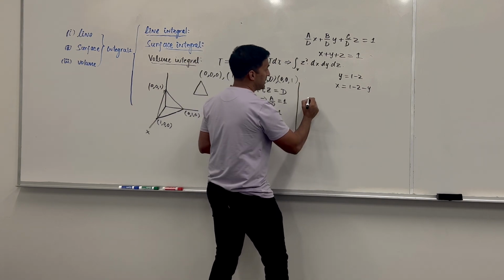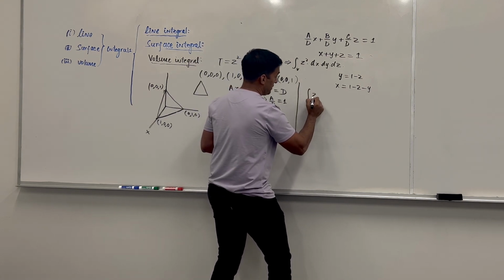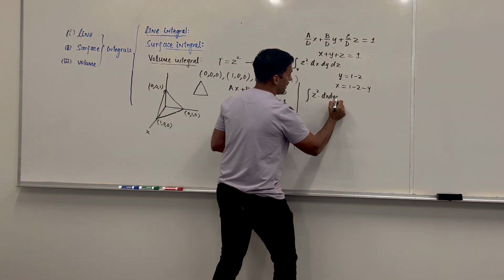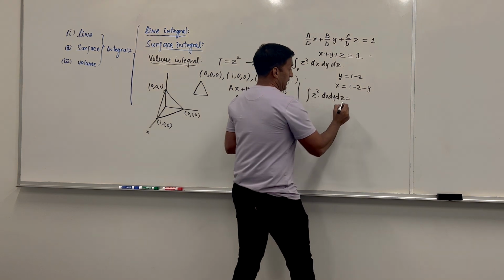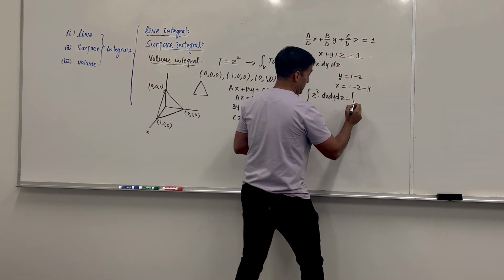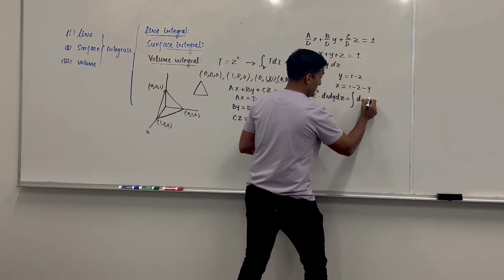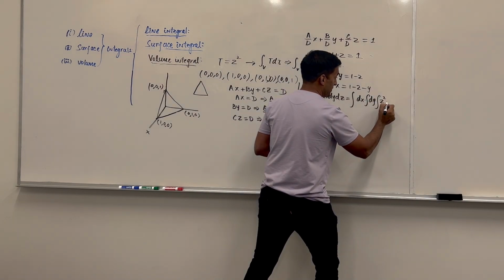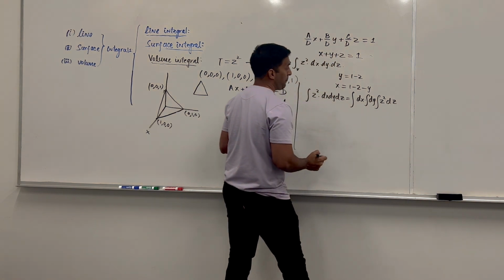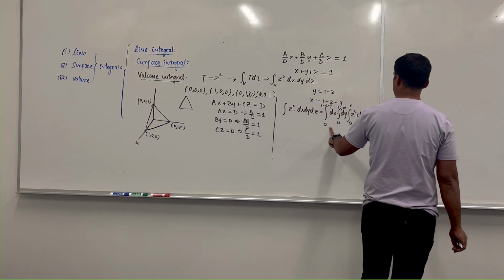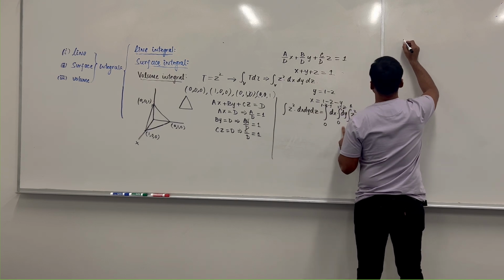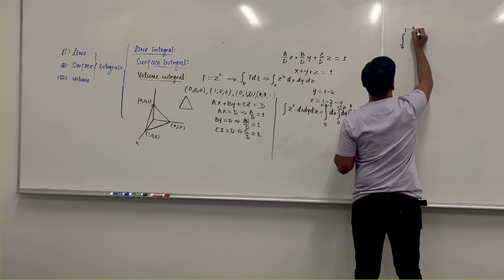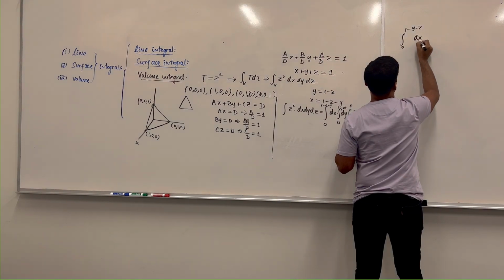So let's come back to this integral, and this gives us z² dx dy dz. This is equal to the dx integral, dy integral, and then the dz integral, which is z² dz. Let's solve the x integral. If we solve the x integral keeping the y and z integrals the same, the x integral goes from 0 to 1 minus y minus z of dx.